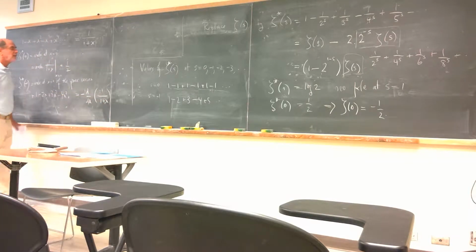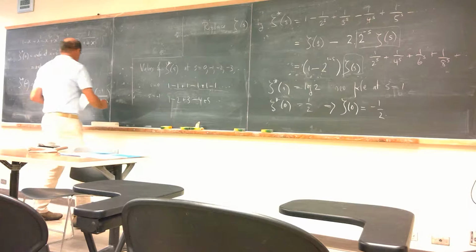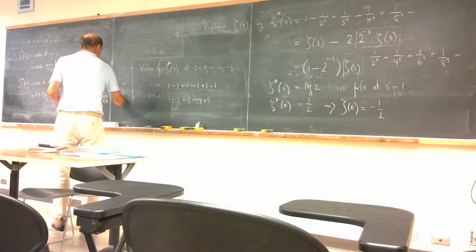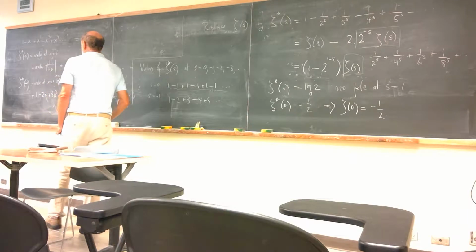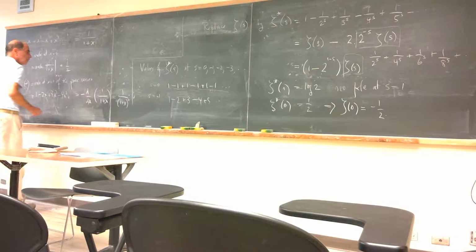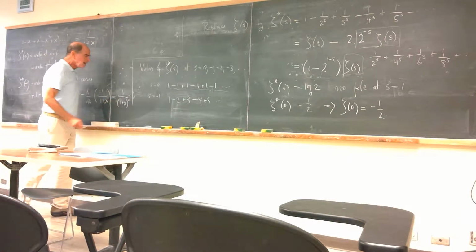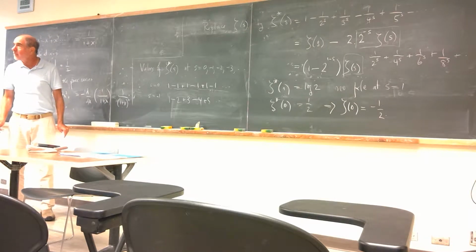So if we can calculate the derivative of that, that'll give us a rational function, which is this power series. And Euler does that. Minus the derivative of 1 over 1 plus x, if I did it correctly, is 1 over 1 plus x quantity squared. And so if we wanted to evaluate this at x equal 1, it has a value at x equal 1, and the value is a fourth. Right?